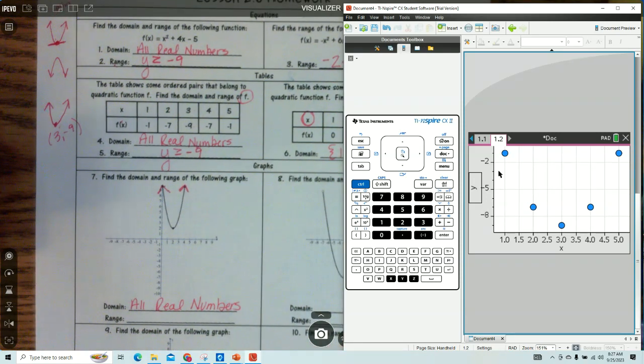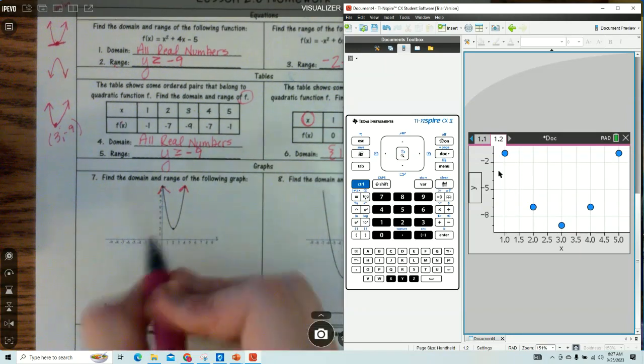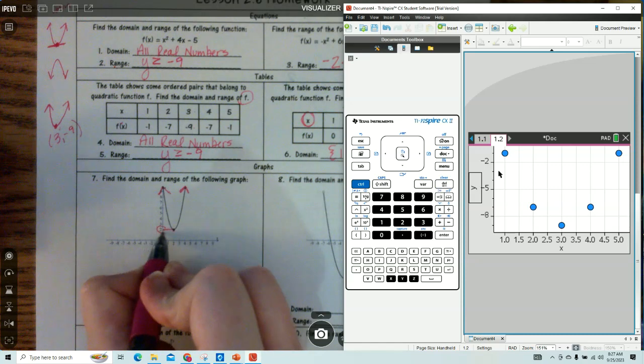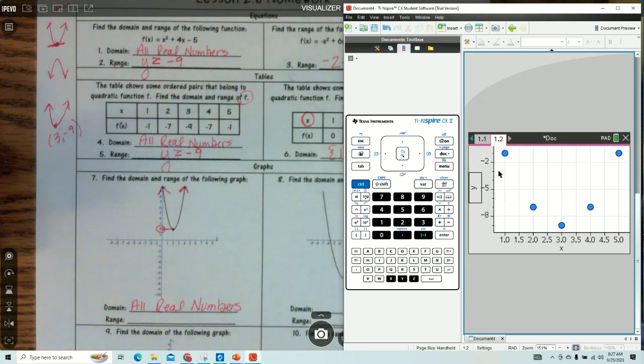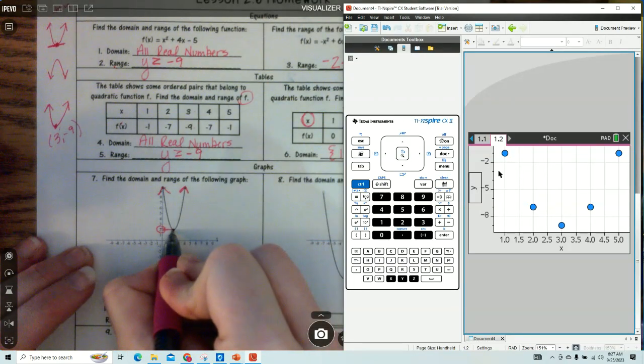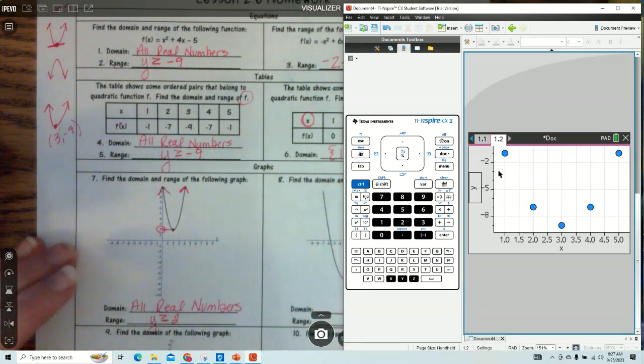Does this have a high point or a low point? High point? Low point. So my lowest y value is 2. Are the rest of the y values greater than or less than? Greater than. So y is going to be greater than or equal to, because it's in the middle of the line, 2.